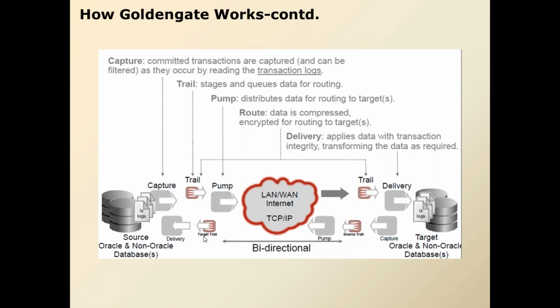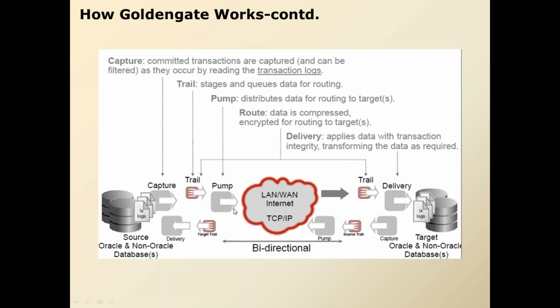As soon as data becomes available in the remote trail on site A, the Goldengate delivery process will read the data out of the site A remote trail and apply it to the site A database. So in case of bidirectional, you will have capture, pump, delivery, local trail and remote trail existing on both sites.